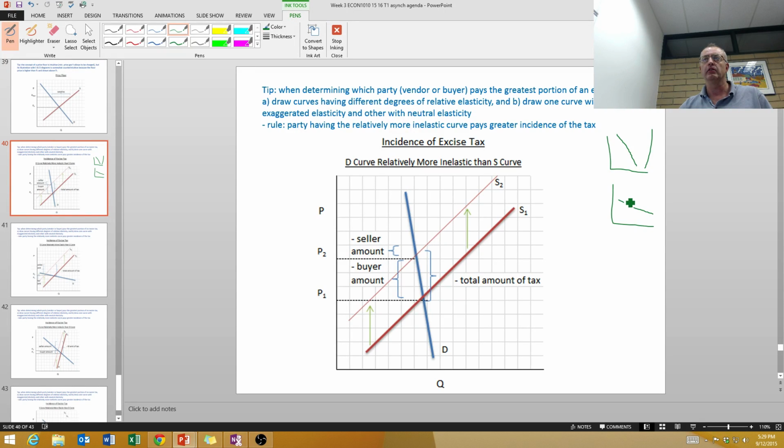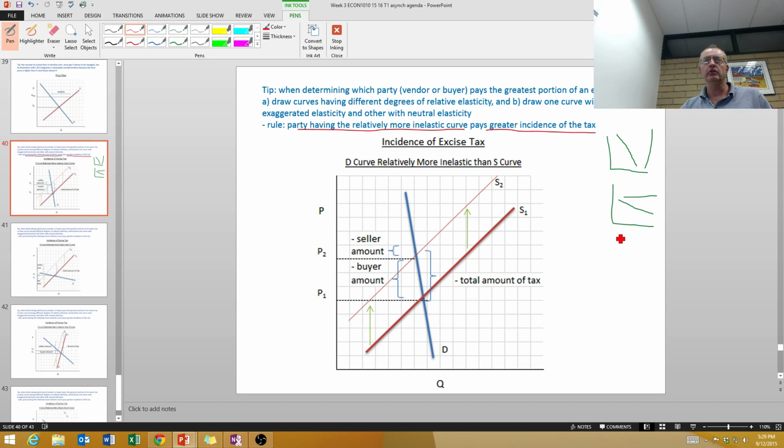So the trick to these questions is: the party with the relatively more inelastic curve pays the greater incidence of the tax. This is the conclusion.